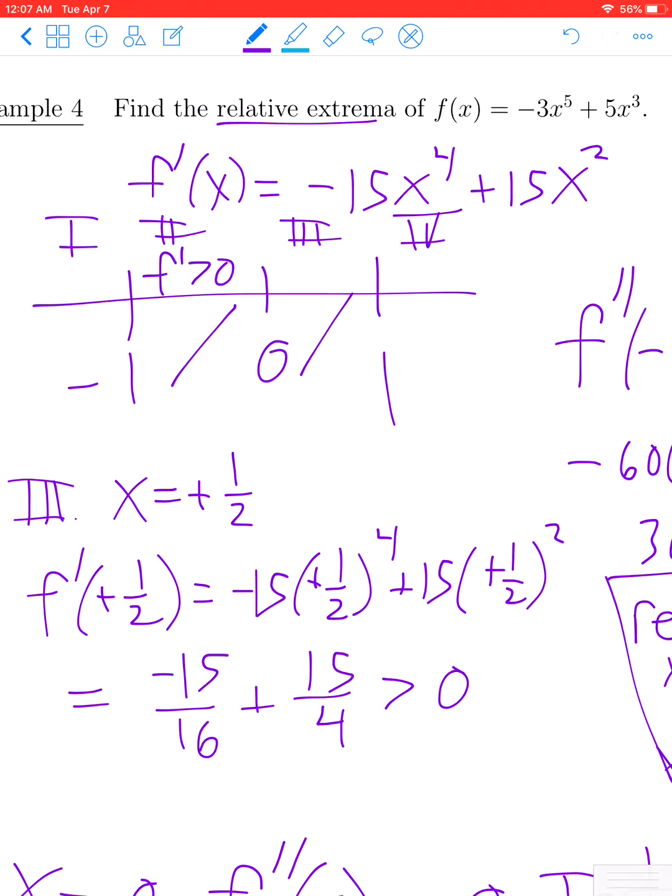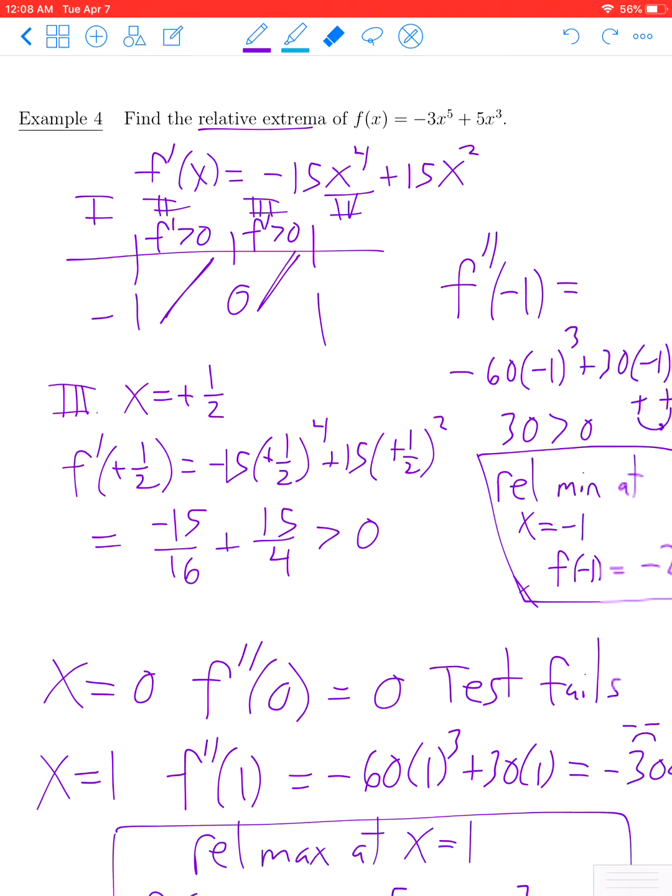So at 0, the graph was increasing. It's momentarily going to have a derivative of 0, so it kind of halts for a moment at 0, but then it continues to increase. Because the first derivative does not change sign at 0, we get neither a max nor a min. So at x equals 0, there is neither a max nor a min.